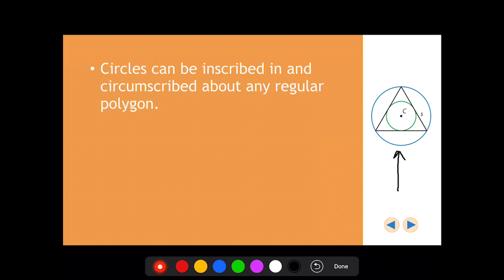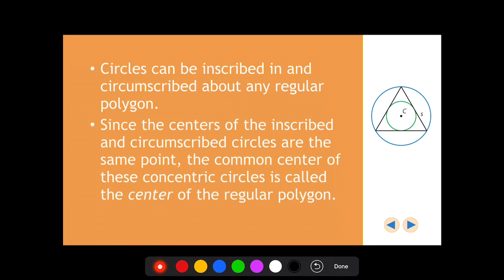What we're going to be looking at today primarily revolves around circles inside of polygons. So we're really going to be referring to inscribed and circumscribed circles at the same time. The centers of the inscribed and the circumscribed circles are the same point. The common center of the concentric circles is called the center of the regular polygon.